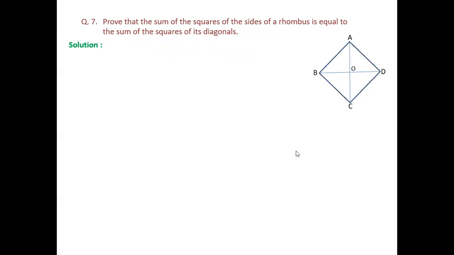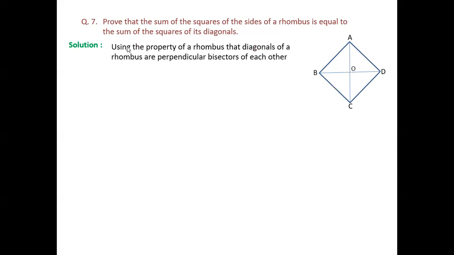Now we make use of a property of this rhombus. What is the property? Diagonals of a rhombus are perpendicular bisectors of each other. That means this angle here is 90 degrees. Clear? And bisector means BO and OD must be equal. OA and OC also must be equal.